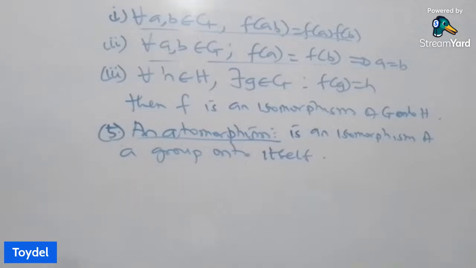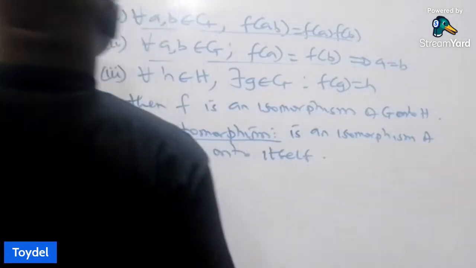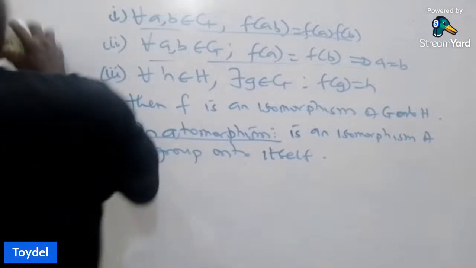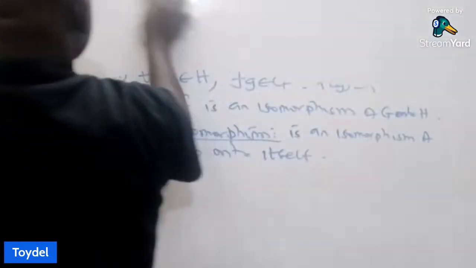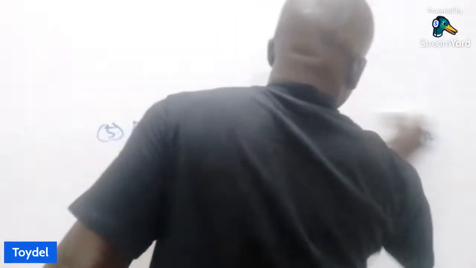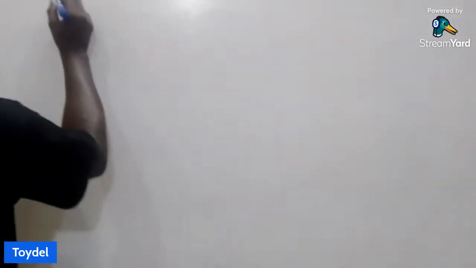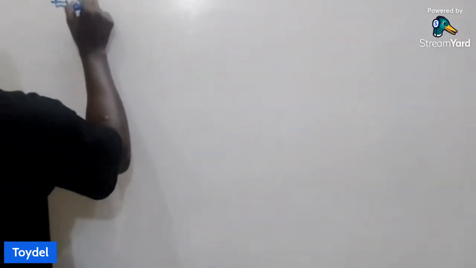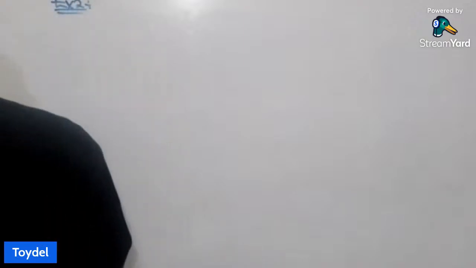So now let's take an example. We know the 5 types of homomorphism now, so we can go ahead and take examples. Let's take 2 or 3 examples, then we'll conclude. See example 2. I think we have taken one example before.